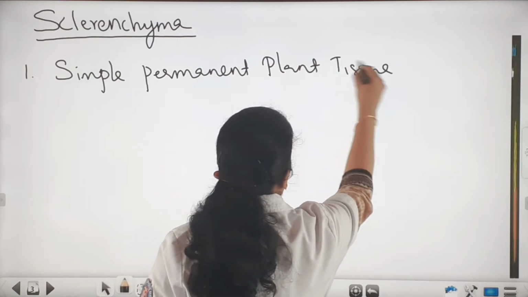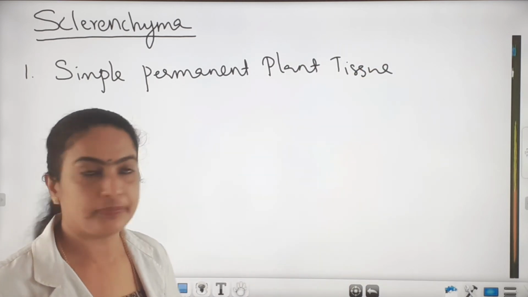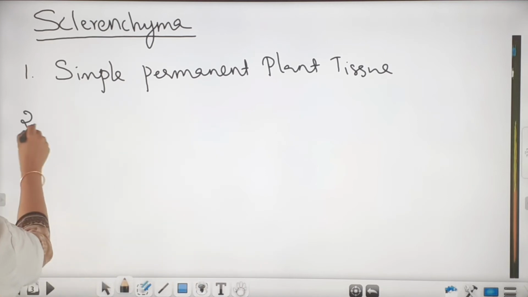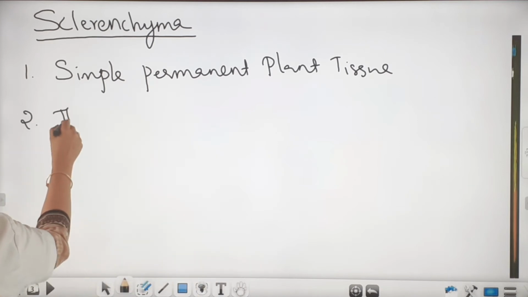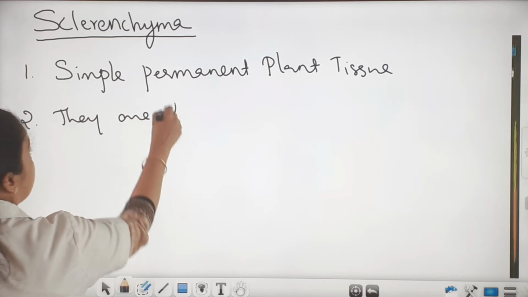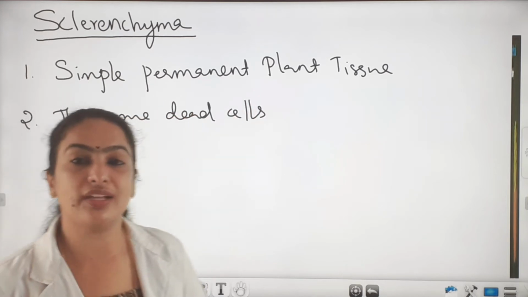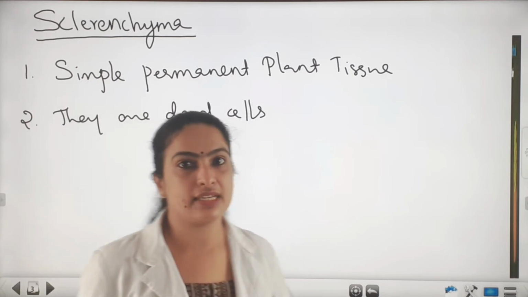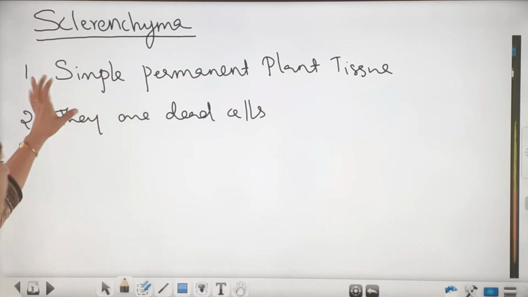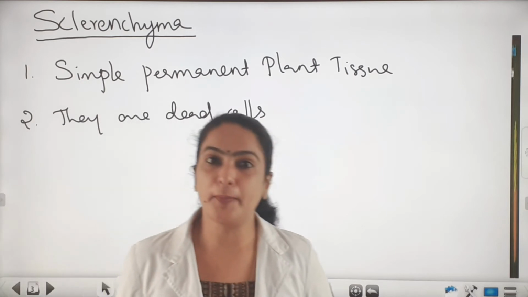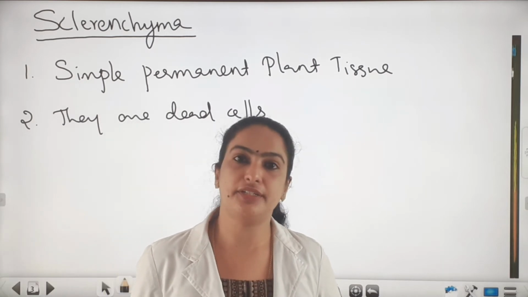That is the first point. They are dead cells, but parenchyma and collenchyma are living cells. Here, this is the only dead tissue among the simple permanent tissues.